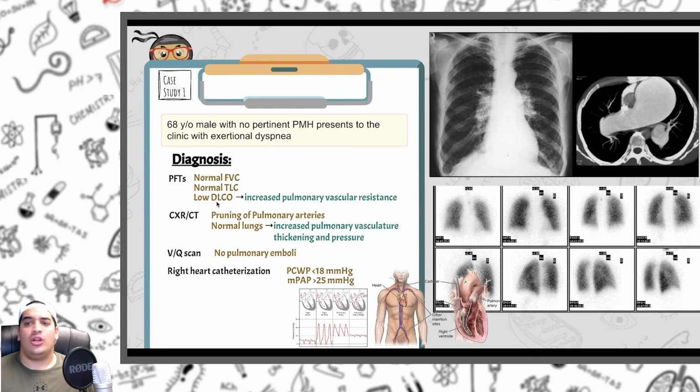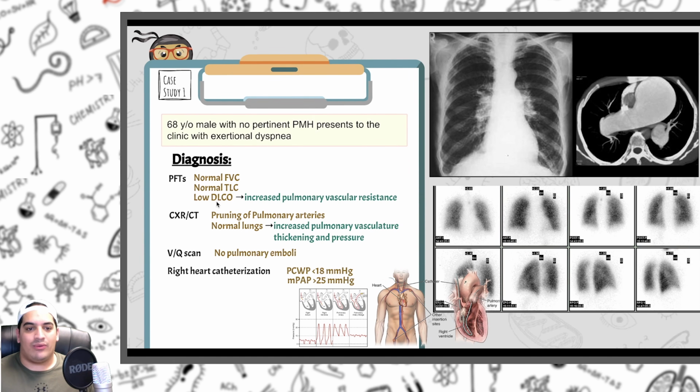Now, whether it's type 2, type 3, type 4, type 5, or type 1, all of them are going to have high mean pulmonary arterial pressures, because any one of the types of pulmonary artery hypertension can cause high pulmonary artery pressures. So the pressure is going to be high. If the mean pulmonary artery pressure is greater than 25, we already know that they have pulmonary hypertension. But the big thing is to use that time also to rule out a left heart cause. So again, make sure that there's no other type 2 cause here and check the pulmonary capillary wedge pressure. If the pulmonary capillary wedge pressure is less than 18, it tells you that the left heart is not the problem.